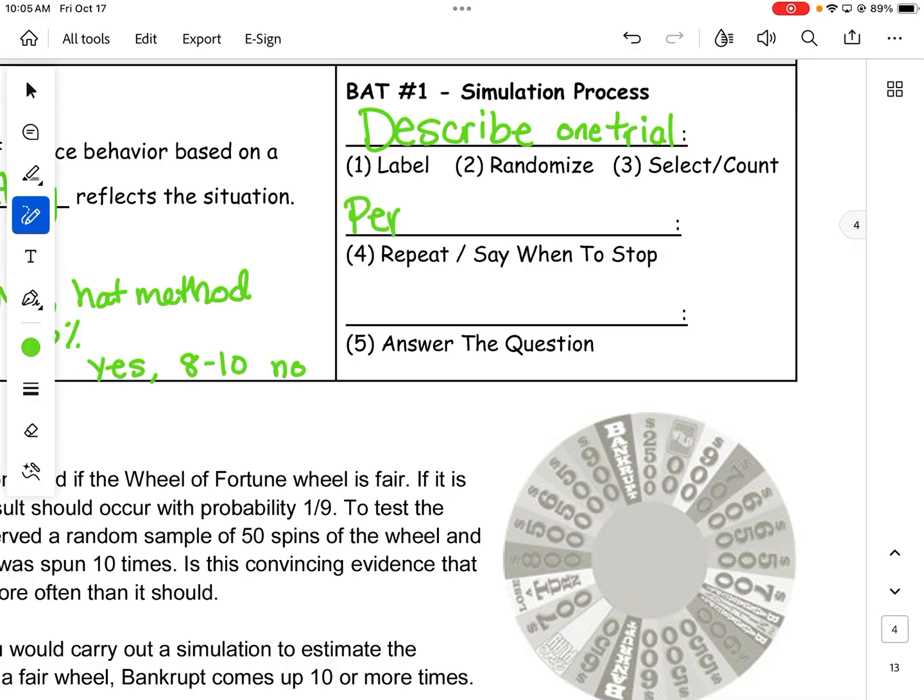And then we have to use the law of large numbers, so we have to perform many trials. But you have to specify how many. And then use those results to answer the question.